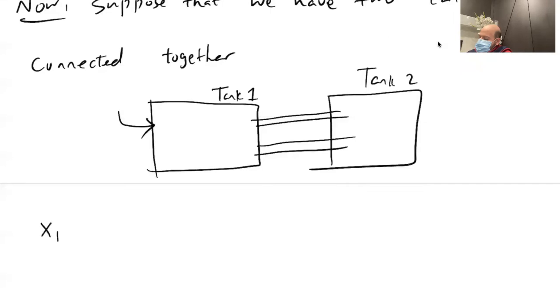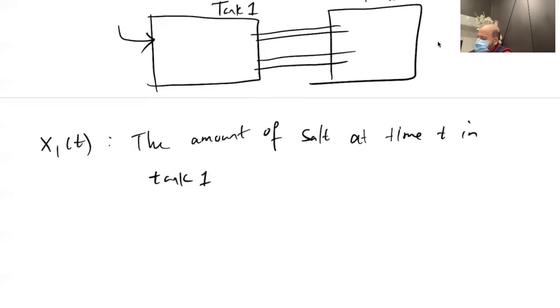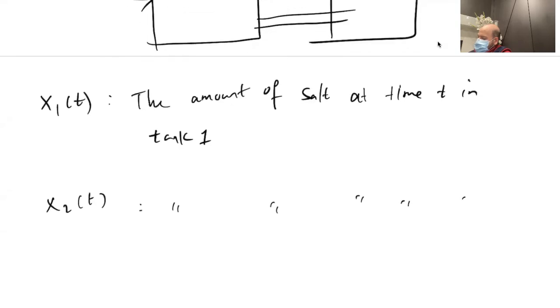So let's say x1 of t could be the amount of salt at time t in tank 1, and x2 of t, the amount of salt at time t in tank 2.